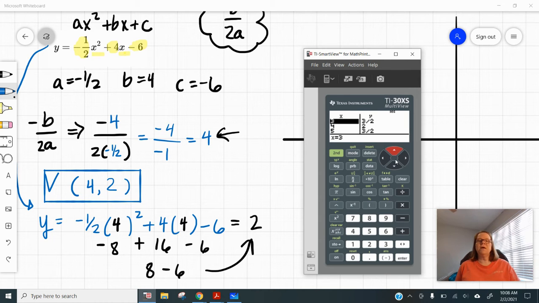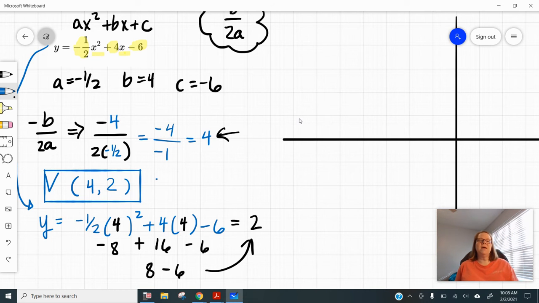If I move up, notice the symmetry around that: the 3 and 5, the numbers above and below that vertex, have the same y values. That's showing symmetry. We know that a parabola is either opening upward or downward, but it's symmetric. Your drawings are much better than mine, I'm sure. All right, so that leads us to our next question that we have to think about.